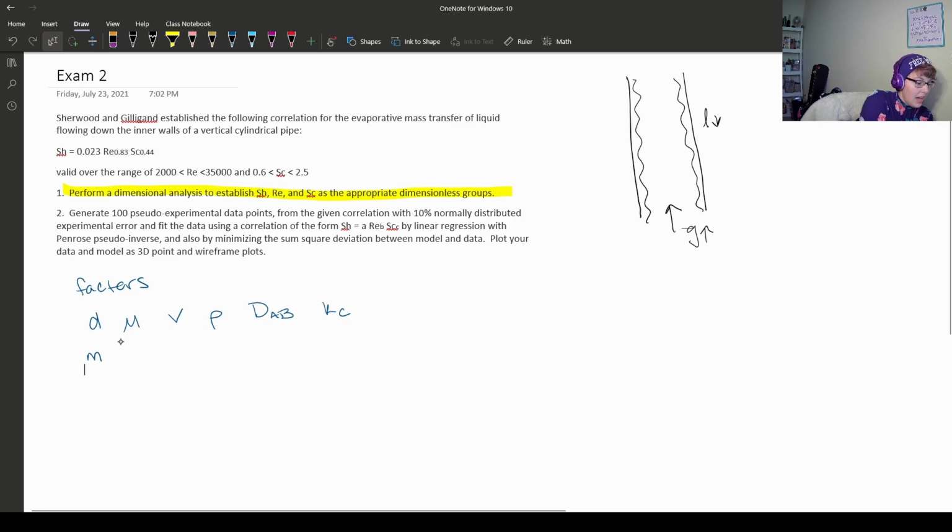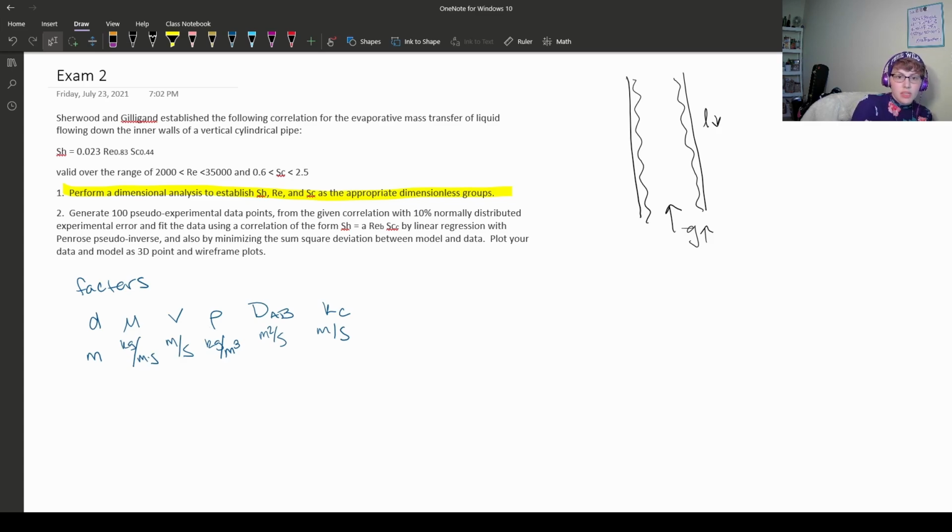For viscosity, we have kilograms per meter second. For the velocity or the flow rate, we have meters per second. For the density, we have kilograms per meter cubed. For the Maxwell-Stefan diffusion coefficient, we have meters squared per second. And for our mass transfer coefficient, we have meters per second.